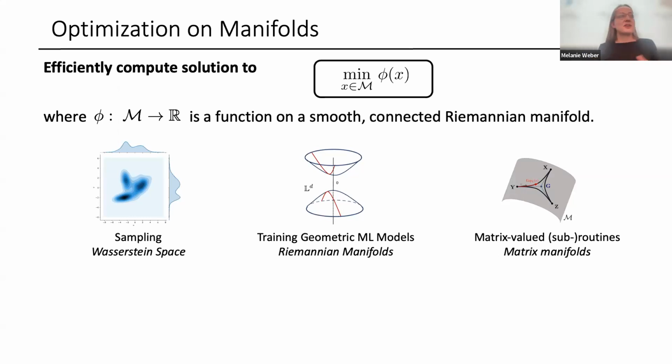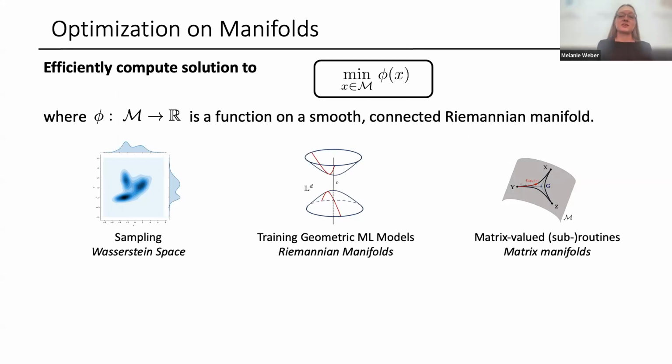A second area where we encounter Riemannian optimization problems is geometric machine learning. Here we train machine learning models on geometric domains, and then the optimization of the training loss involves a Riemannian optimization problem. And lastly, and that's the area from which we will see numerical examples and applications in this talk, is matrix valued optimization.